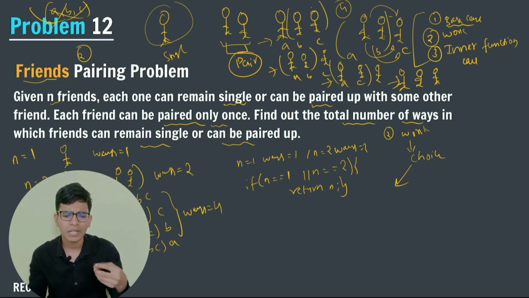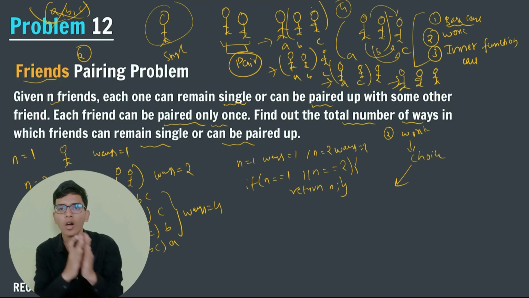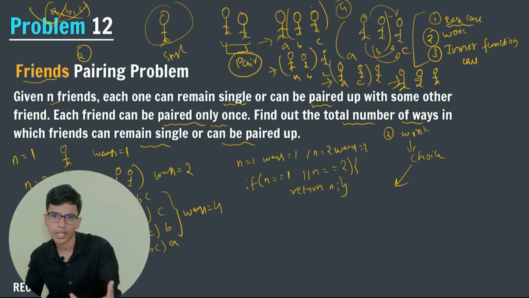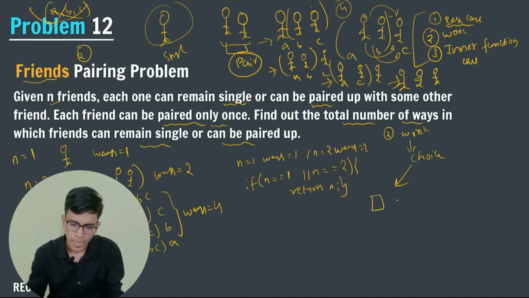So at every recursion call, a given person can make two choices: either he can remain single or he can form a pair. So if he chooses to remain single, then what happens? If he chooses to remain single, then the number of people will be n minus 1.